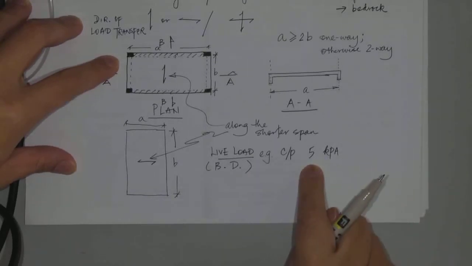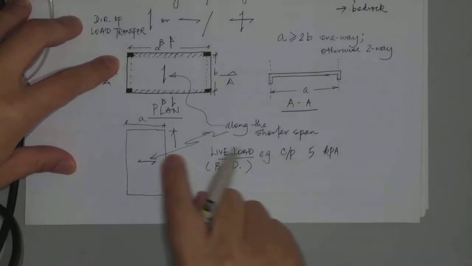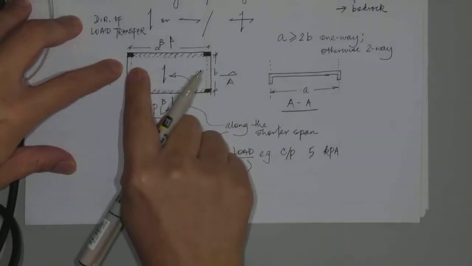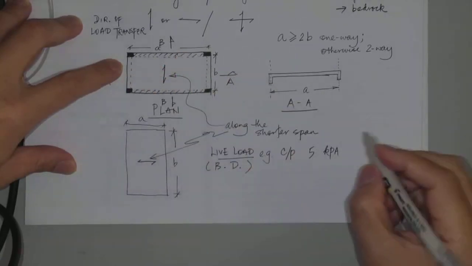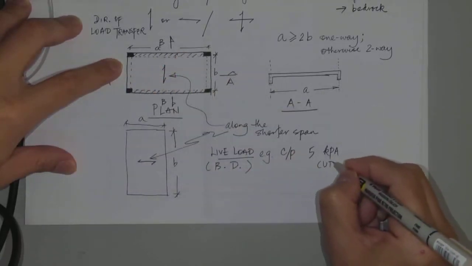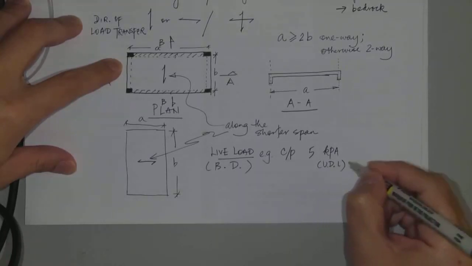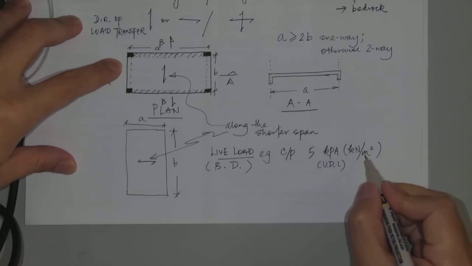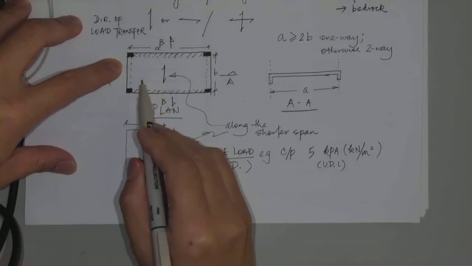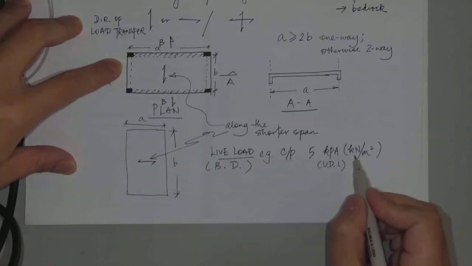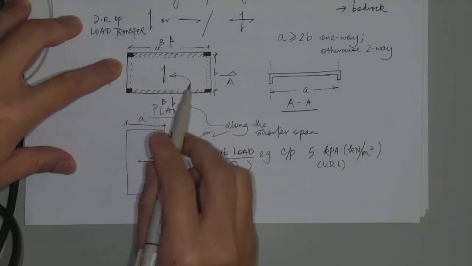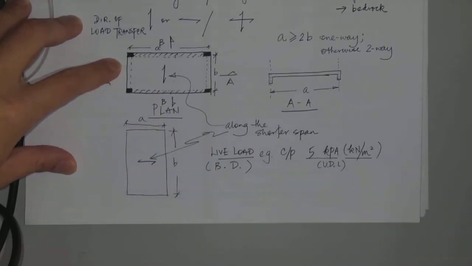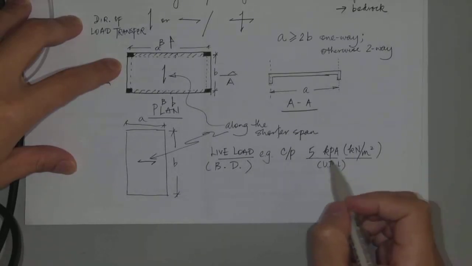So that definitely is a uniformly distributed load on the slab. So it's a UDL, uniformly distributed load, or that's equivalent to kilonewton per meter square. So for each meter square on the slab, there is 5 kilonewton of load everywhere on the slab. That's the meaning. And this is how you specify the loading on a slab.